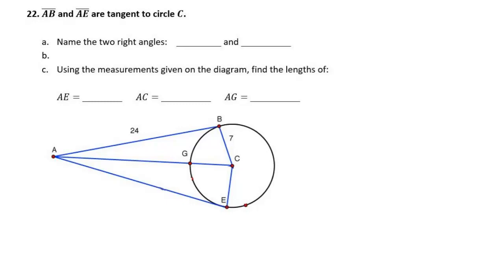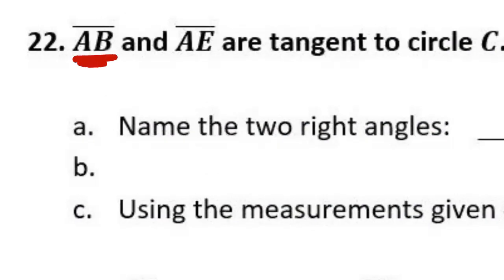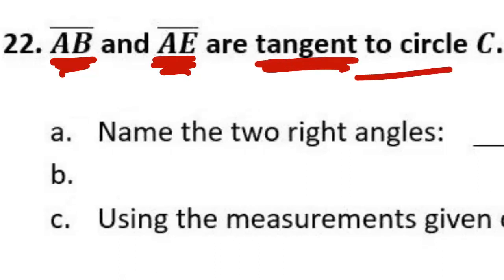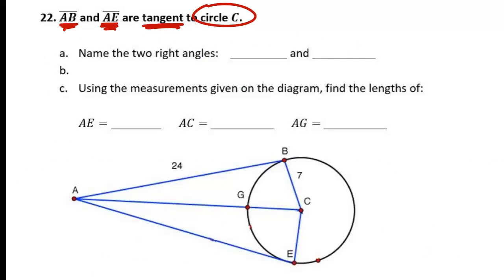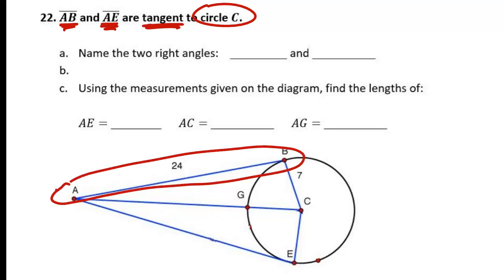First thing it tells me is that segment AB and segment AE are tangent to circle C. So when segments are tangent, they form right angles with the radius of the circle at the point of tangency.